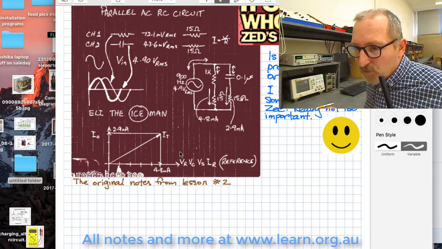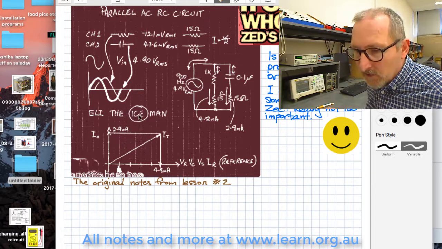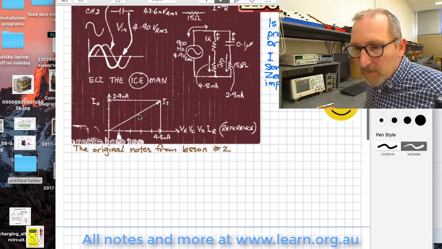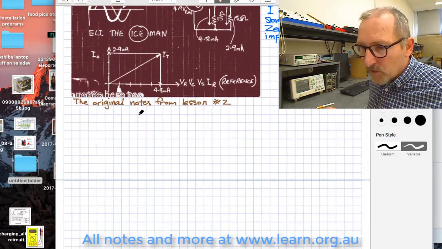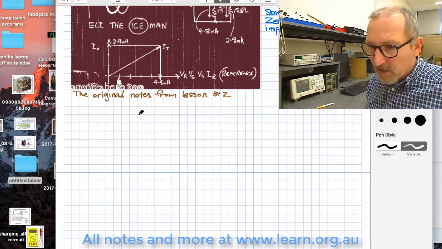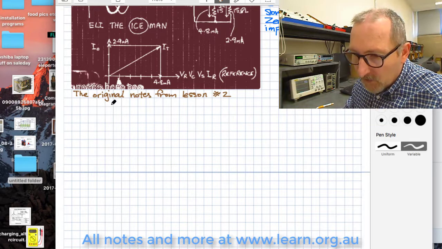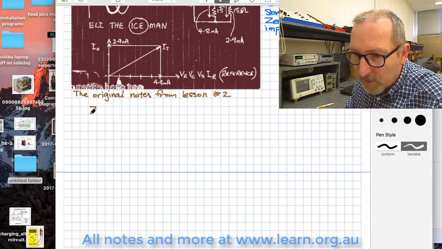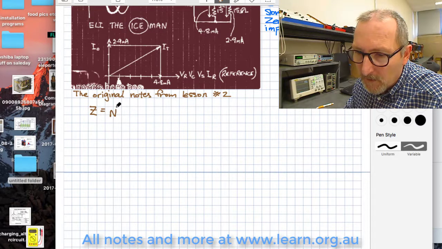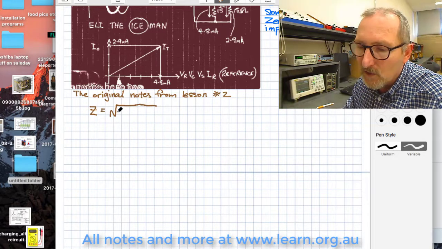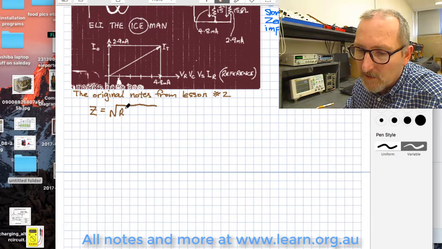Okay, so having just reminded ourselves about last week's lesson, let's go ahead and think a bit more about this impedance, this thing called Z. Now we've seen in previous lessons that we can work out the impedance of a circuit, and this would be in a series RC circuit, as the square root of the sum of R squared plus XC squared.